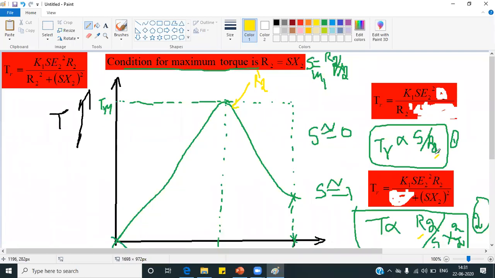Now if I increase the rotor resistance value, coming to R2 double dash, it is greater than R2 dash, guys. This is the condition.